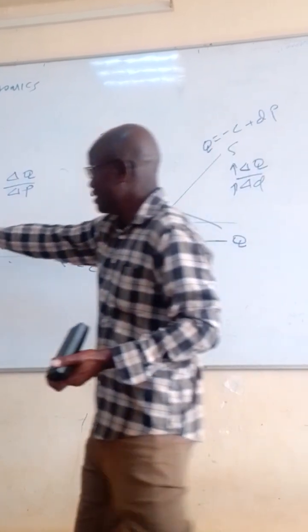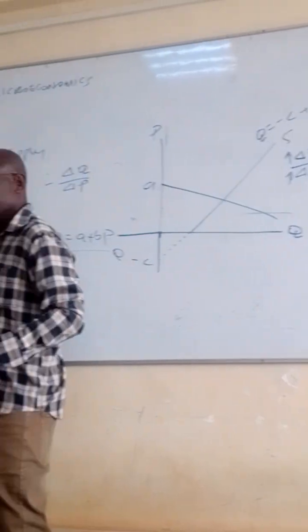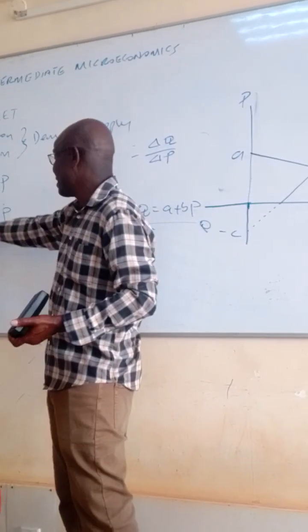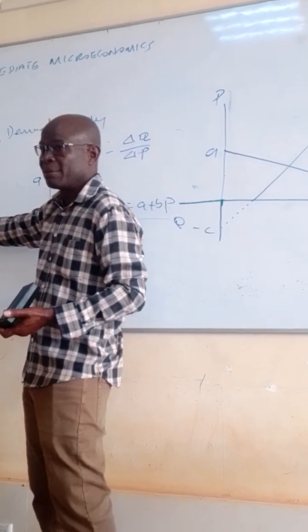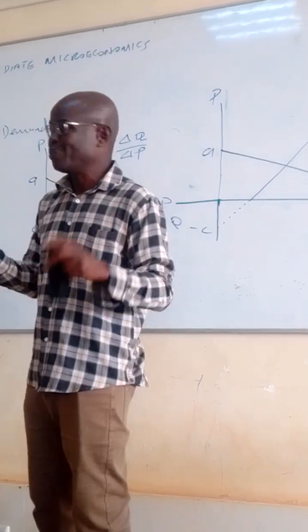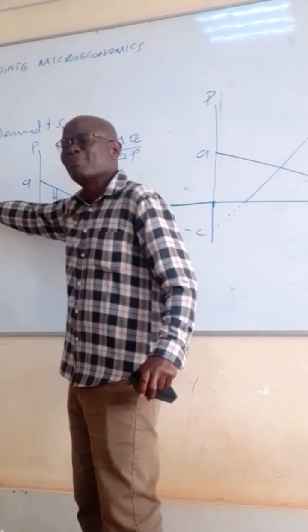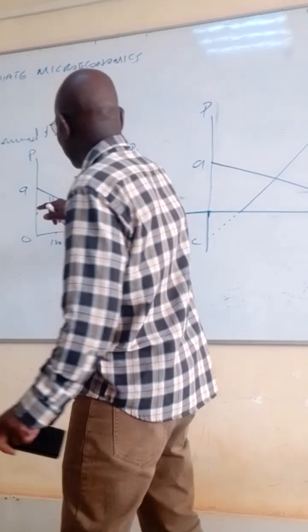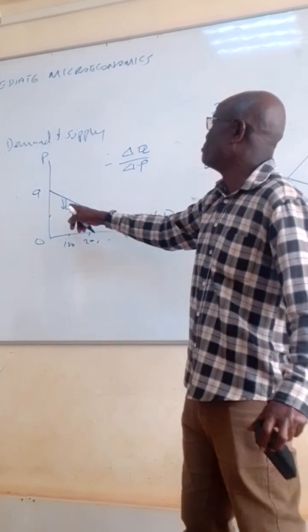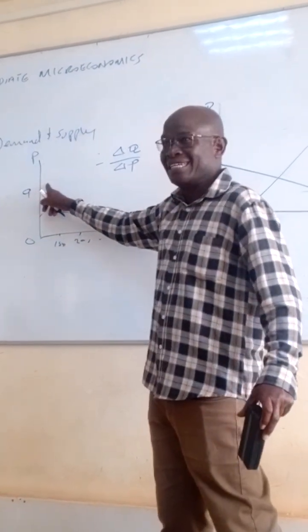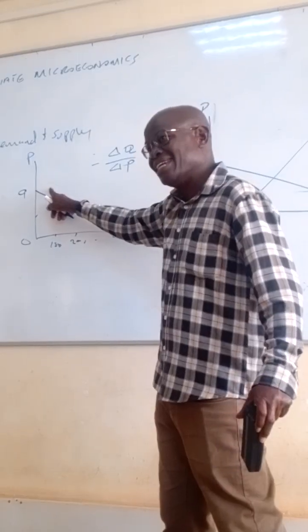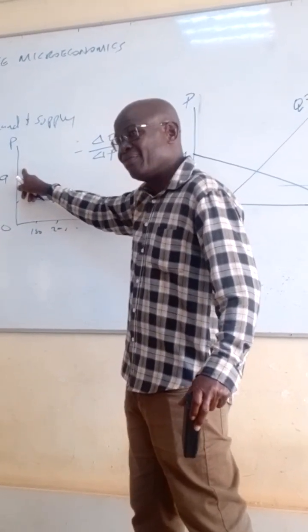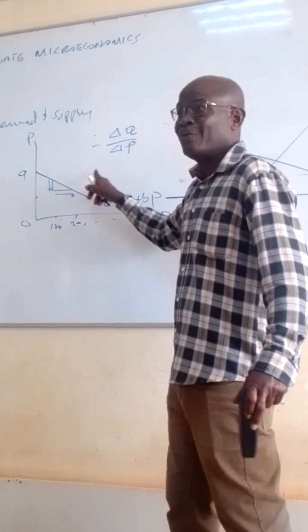So this one is a positive intercept for demand, but this is a negative intercept for supply, right? But when you look at the slope, for the demand curve it is negative. That's why the demand curve is moving down diagonally from left to right, downwards, right?